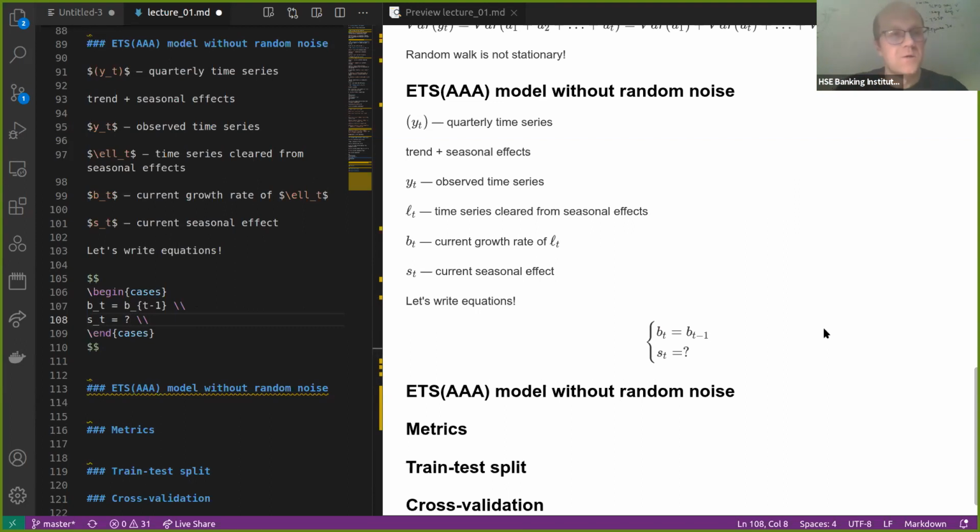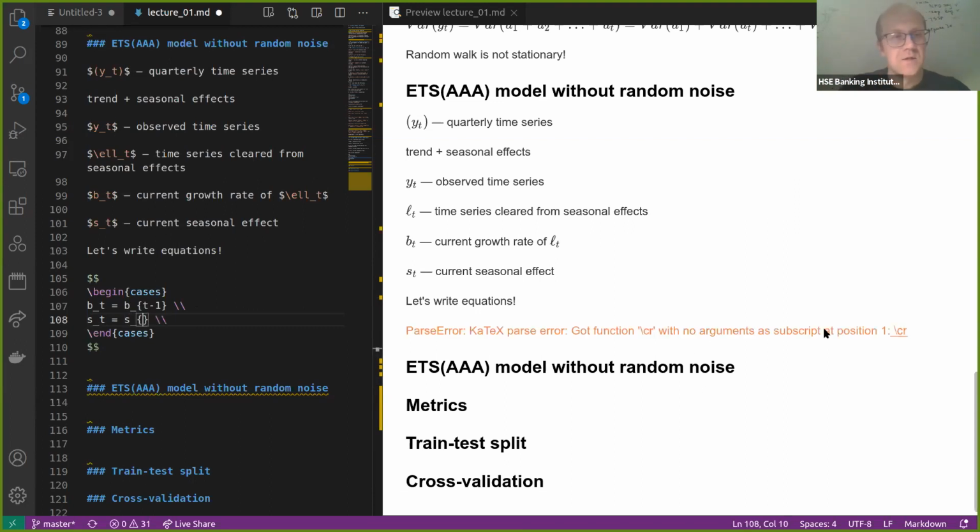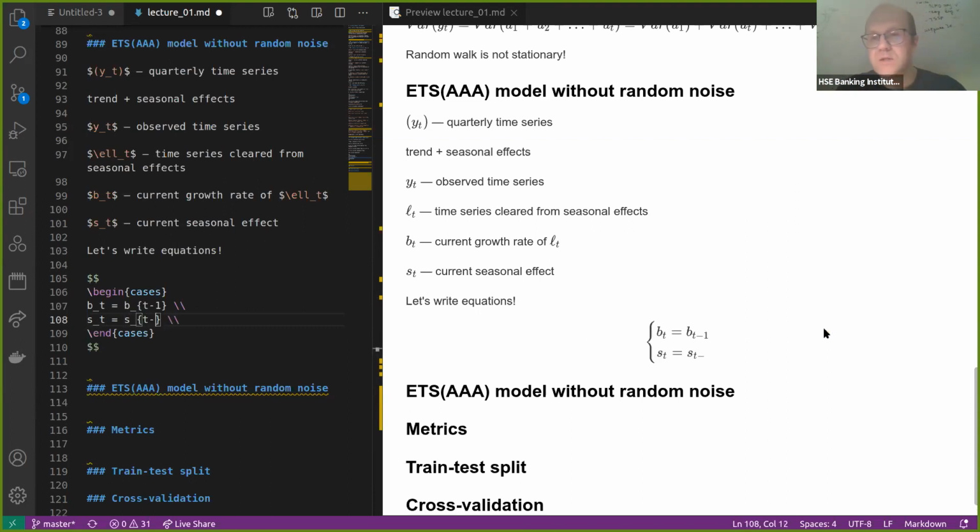Yeah, to the ST minus what? No. We have 4 seasons each year. Yeah, to the ST minus 4, because S1, S2, S3, S4.